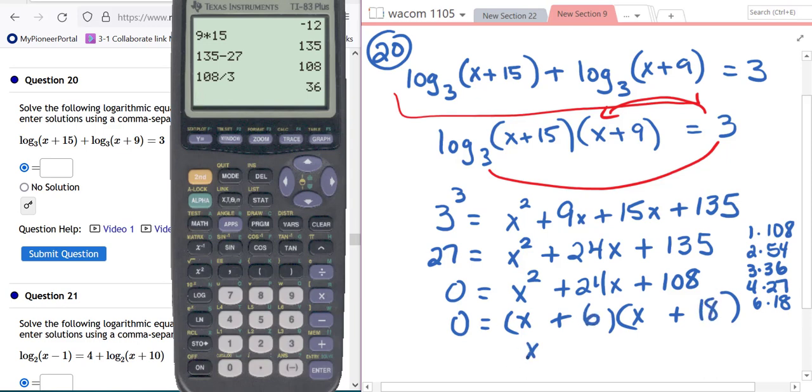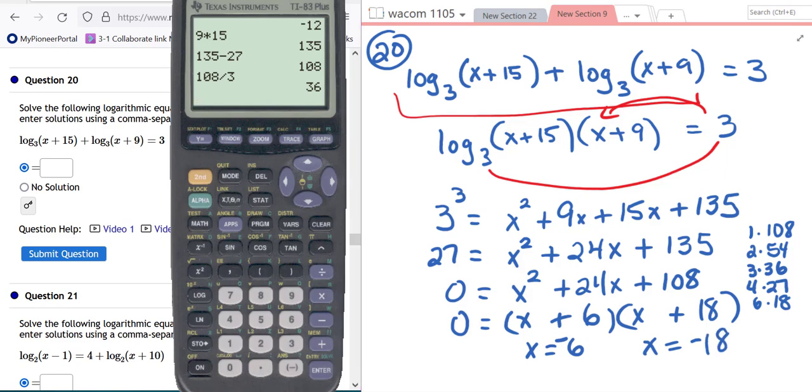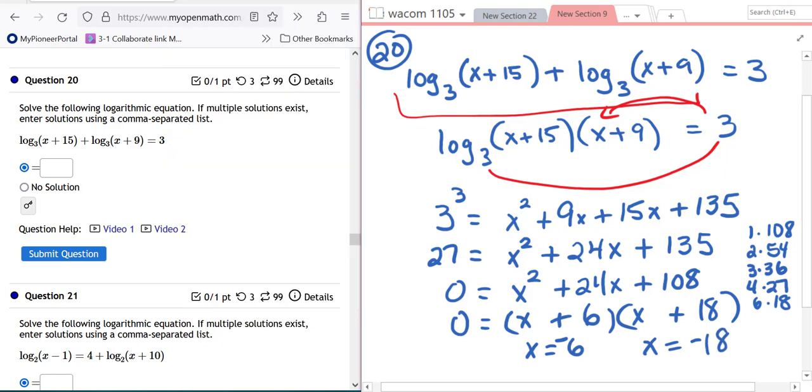So this will be x equals negative 6, and this will be x equals negative 18. So we're a little worried with 2 negatives there. We go back to the beginning and check each one. So we check the negative 6. It's good in the first parentheses because you have a positive 15 to go with it, so it's okay.